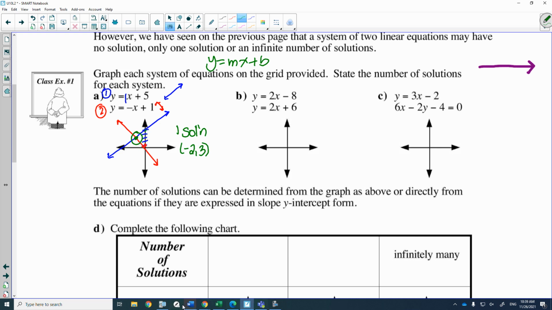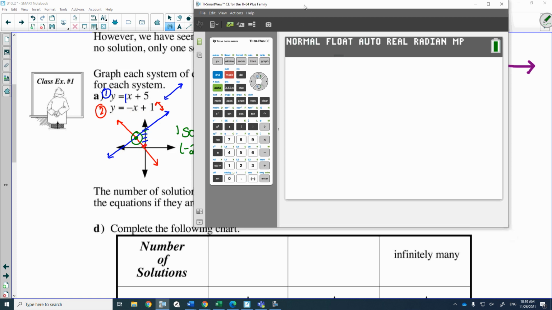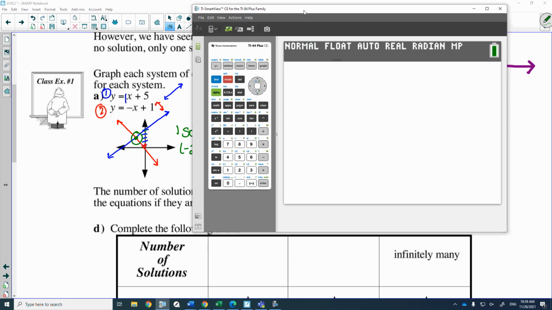To review what I showed yesterday, let's say that this was a decimal. What we did yesterday, quit out of here to get to your main screen. So just hit second function quit. If, let's say, it was a decimal and you wanted to convert that to a fraction, what we did is if you hit the X button and then enter, it will actually give you what that X coordinate was, which is negative 2.